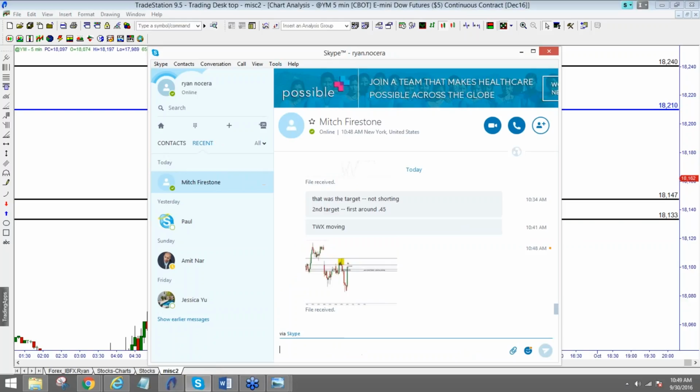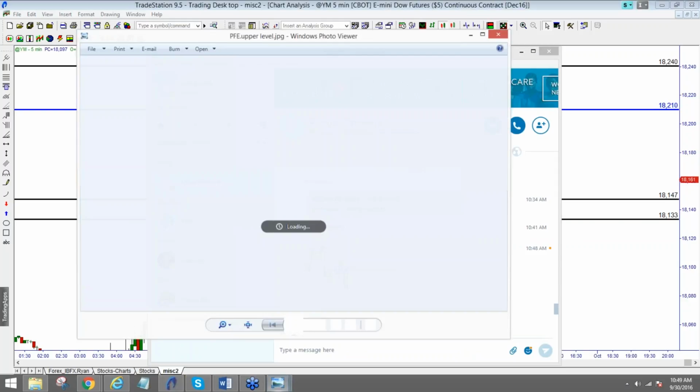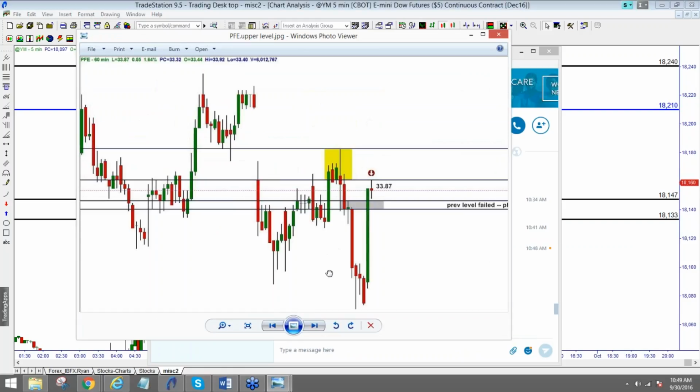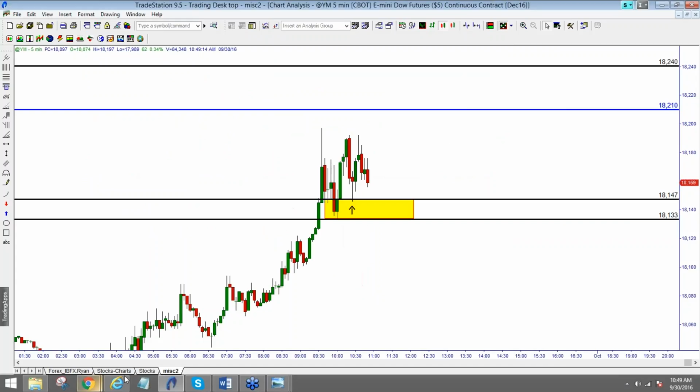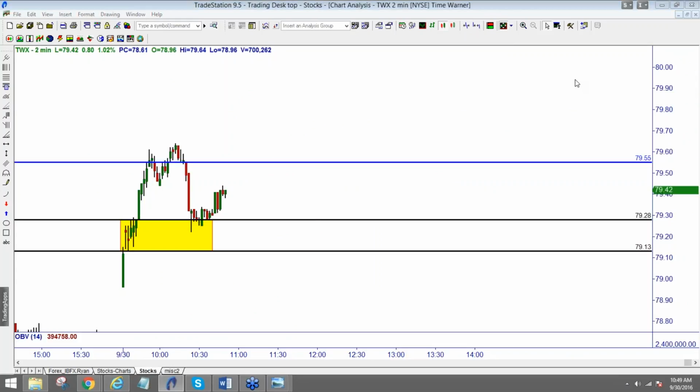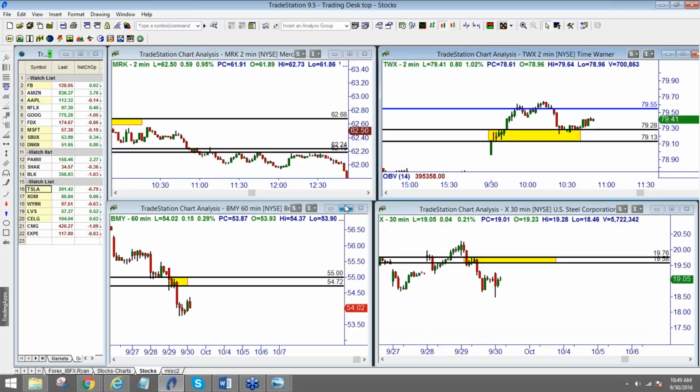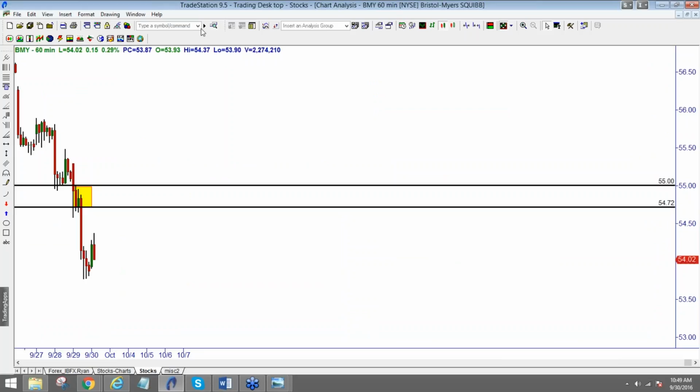Looks like Mitch said something cool. Oh, okay. So if you remember Pfizer, we were looking at that tiny zone, and then there was the zone above.